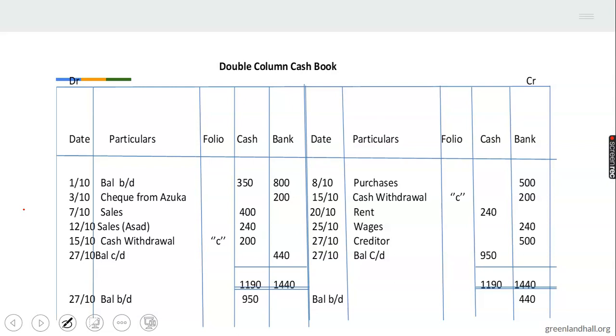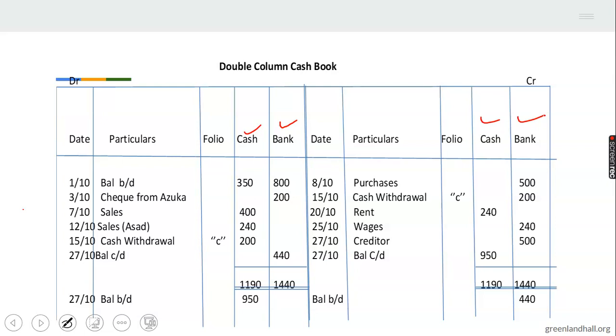Then we have to determine the balance carried down and the balance brought down for the two columns, that is the cash column and the bank column, at both sides. So we have to consider the cash column first.